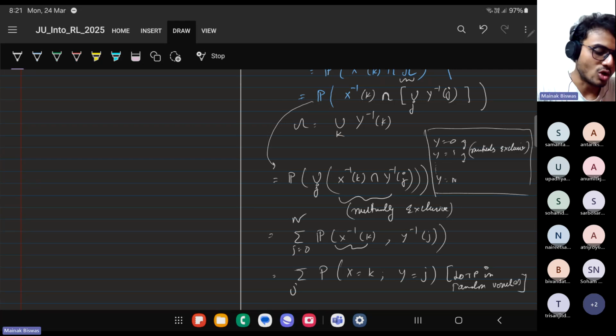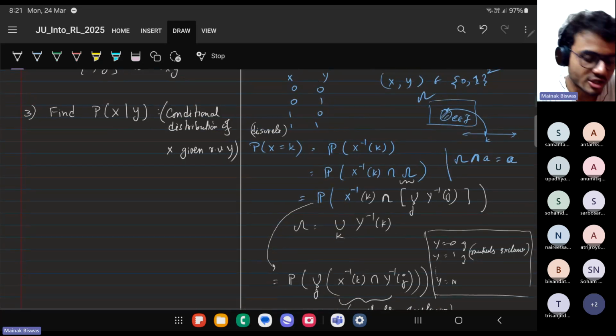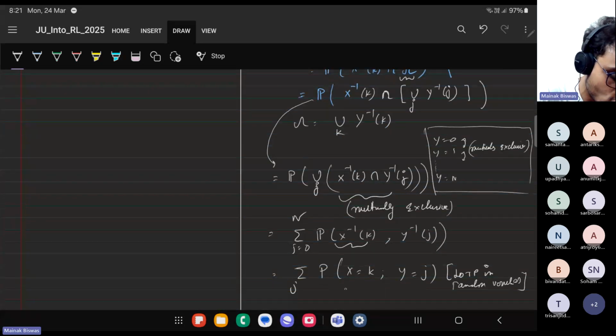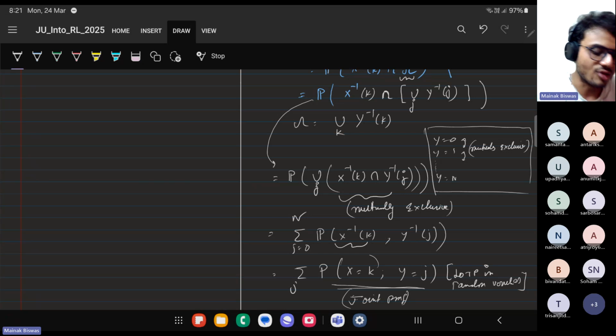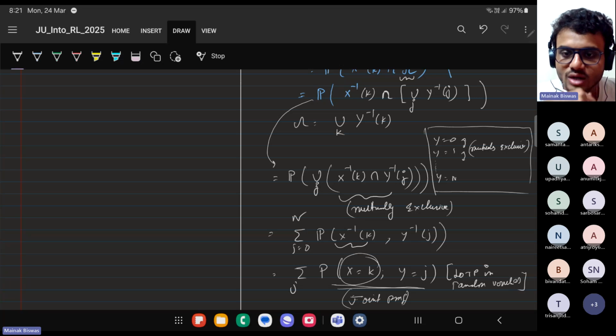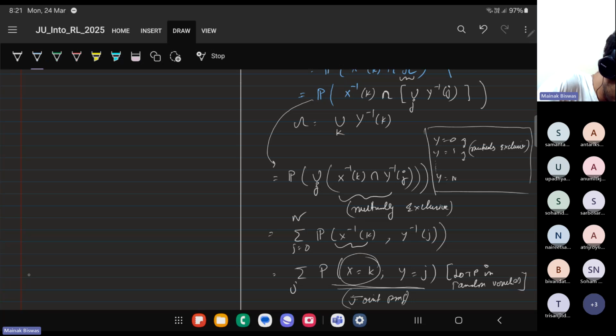So this is also called marginalizing. So given a joint distribution, so this is a joint distribution, joint PMF. If I want one of the random variables only, what do I have to do? What is the intuition? Can anyone tell me? If I want one of the random variables, I have to sum over all possible outcomes of the other random variable. So I'll write it down.